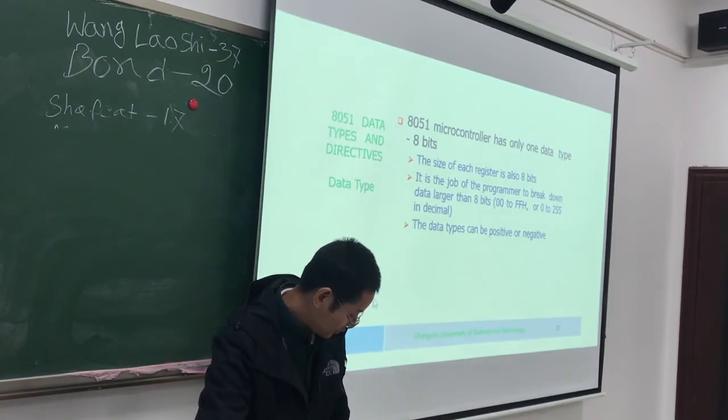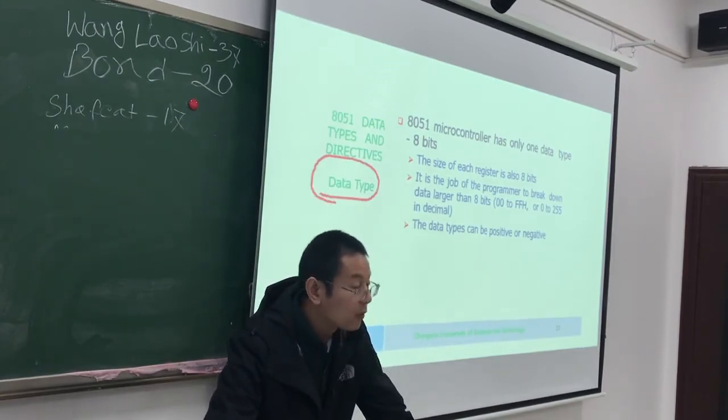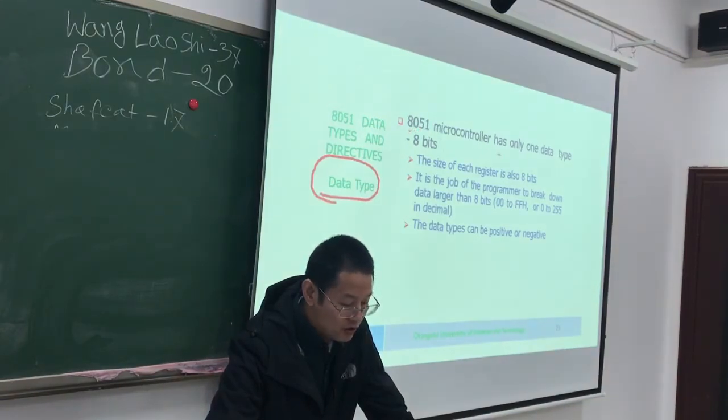Next, I introduce the data type. The 8051 microcontroller has only one data type, 8 bits. The size of each register is also 8 bits.